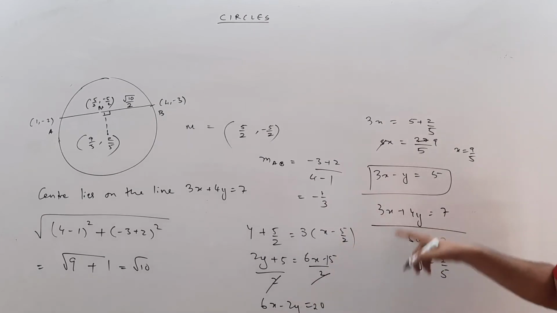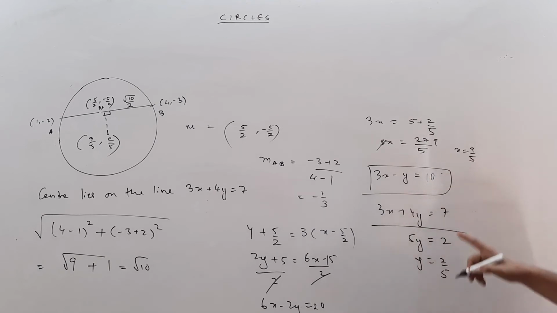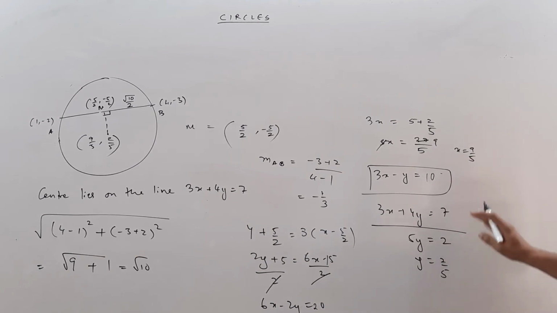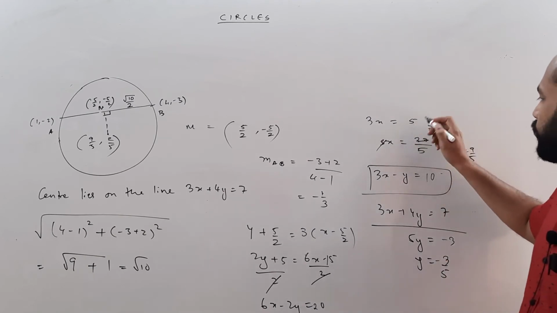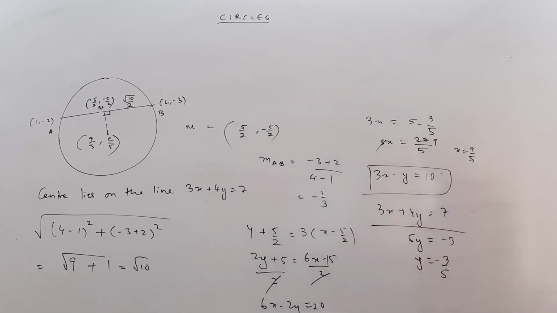So when I divide throughout, this is going to be half of it, that is 10. And now when we multiply, y is equal to 7 minus 10, which is going to be -3. So y is -3/5, and then if I put it over here, y is -3/5.